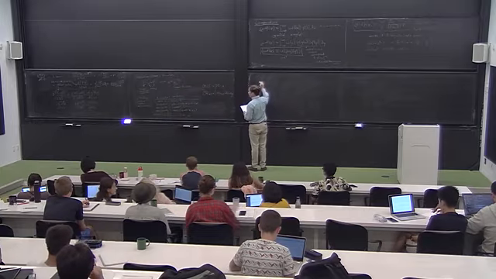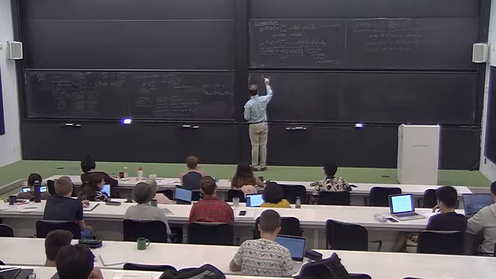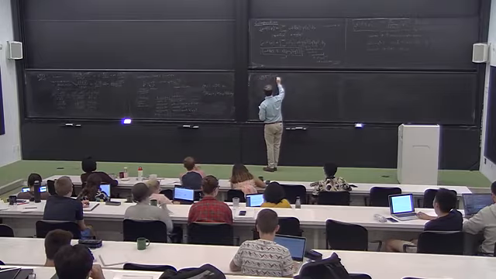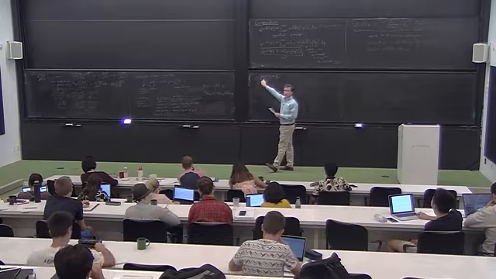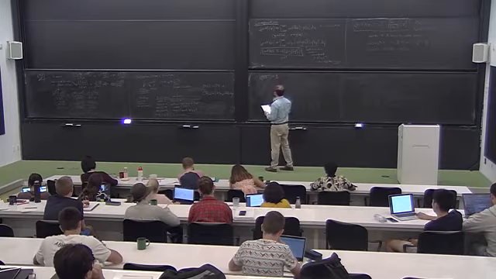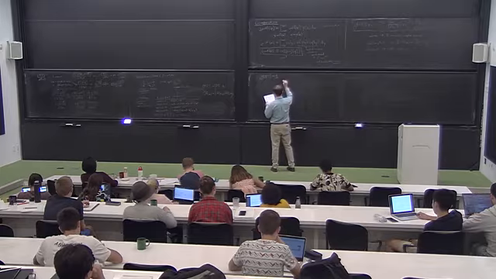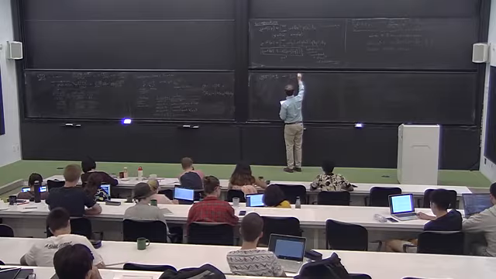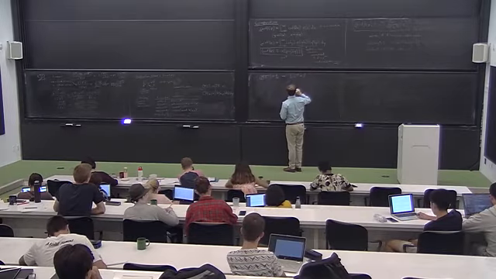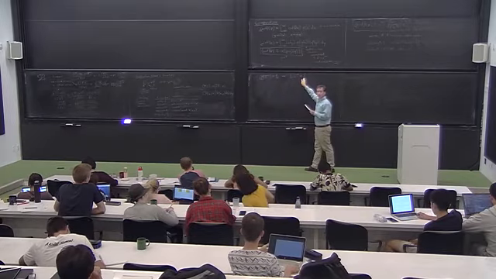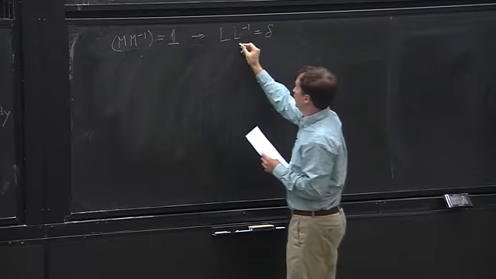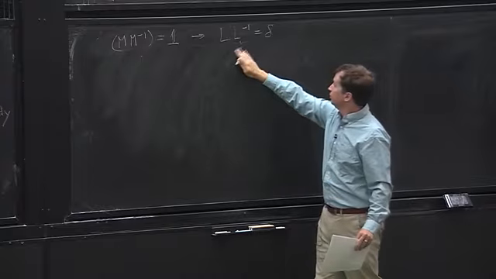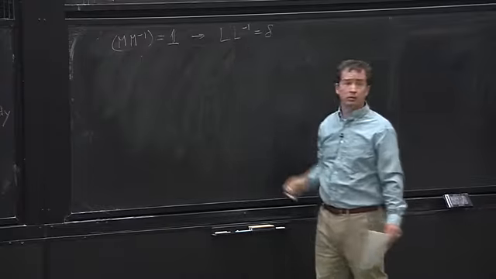In terms of matrices, the inverse of a matrix should, when we multiply by the matrix, give us the identity matrix. So the analogous statement is that L times L inverse should be equal to the Dirac delta. And L inverse is the operator corresponding to the Green's function.